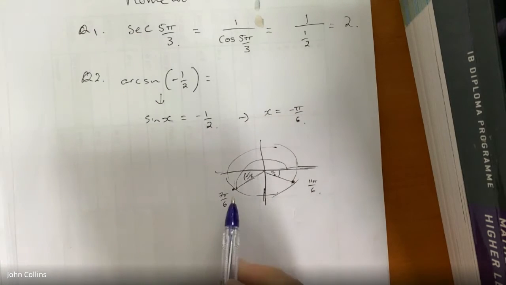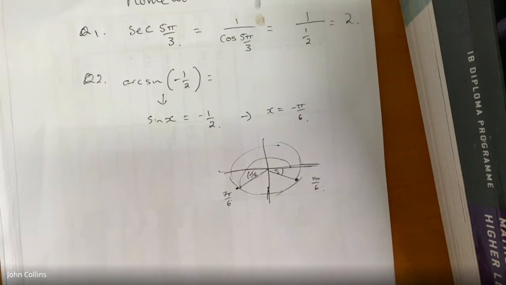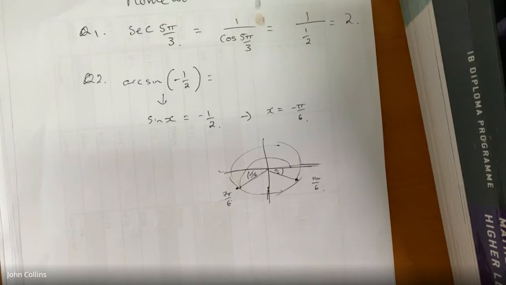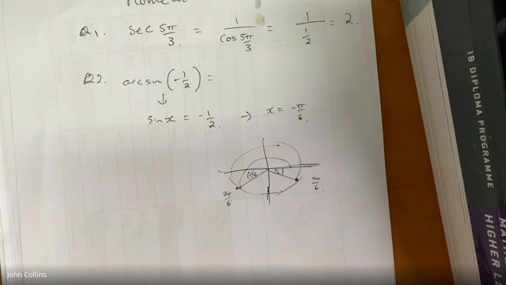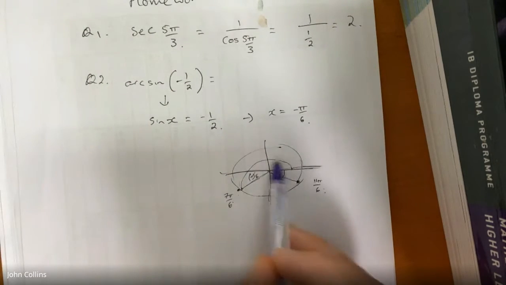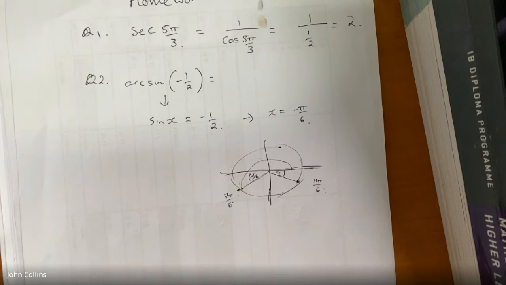But if it's the 3rd and 4th quadrant, it's 7 pi over 6 and 11 pi over 6. No, just negative pi over 6, and they don't give you a domain, yeah. Because they don't give you a domain, you don't do this as we do normally. You just jump straight to negative pi over 6? Yeah, I believe so, sir.